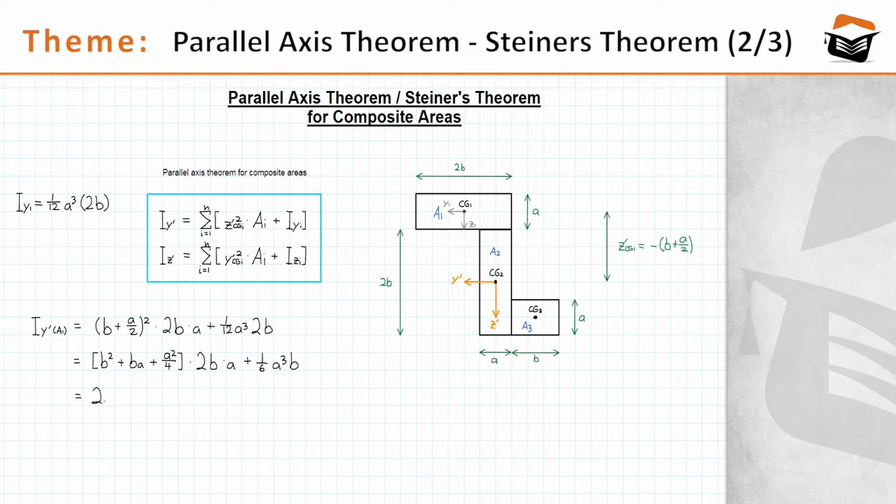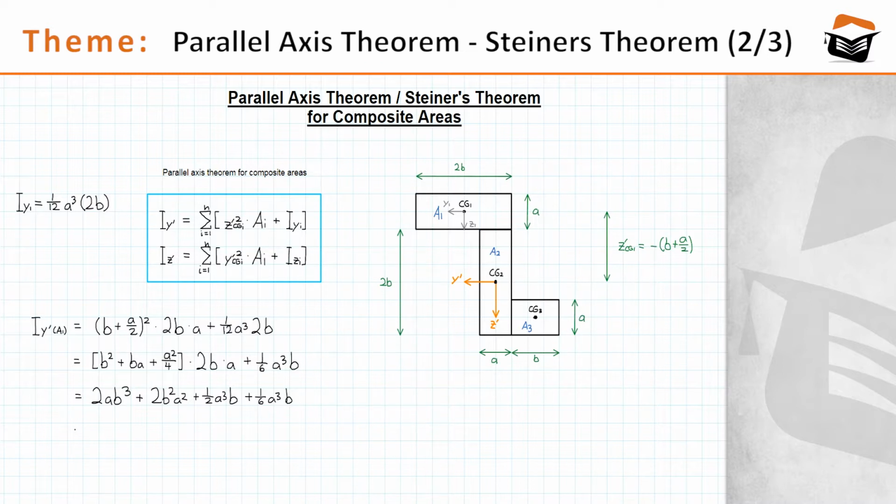So we have 2 times a times b to the third power plus 2b squared times a squared plus 1/2 a to the third power times b plus 1/6 a to the third power times b.